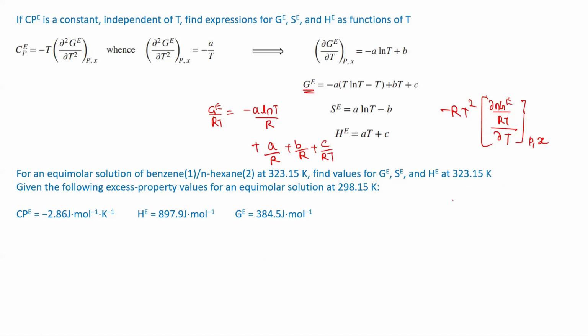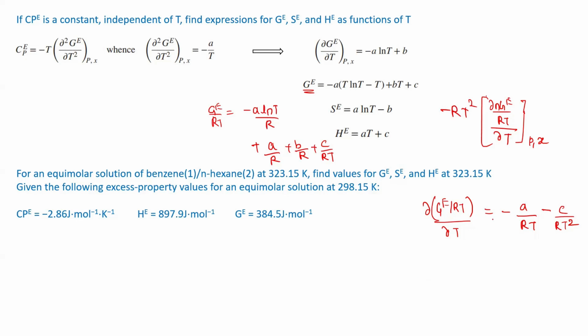Upon differentiation with respect to T, I'll be getting minus A by RT minus C by RT square.